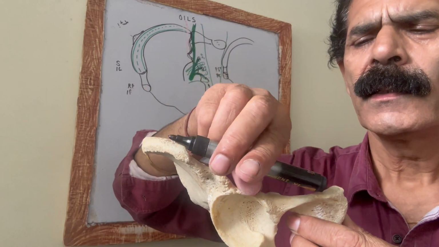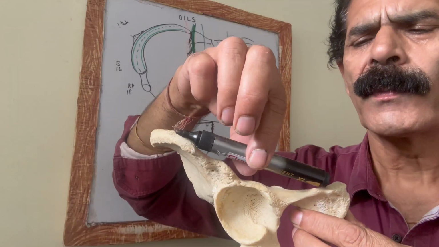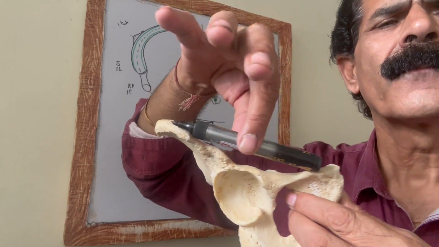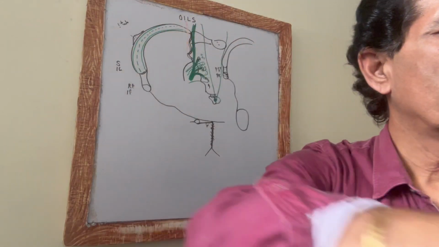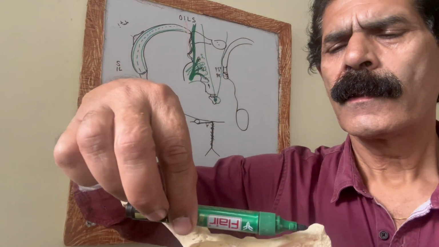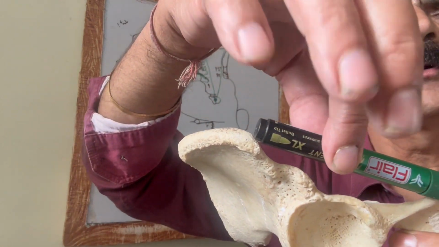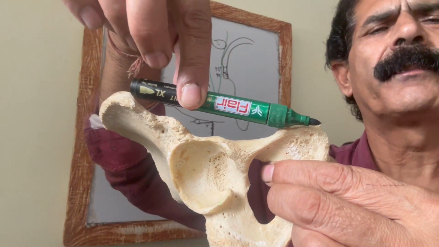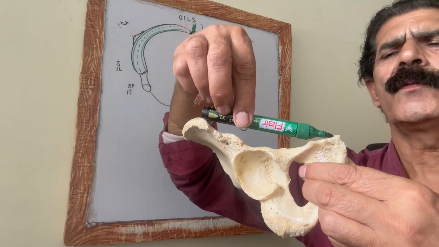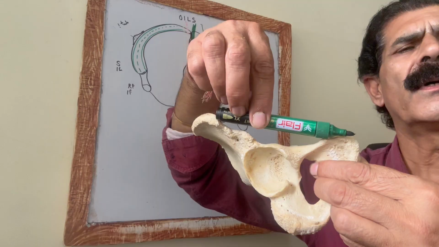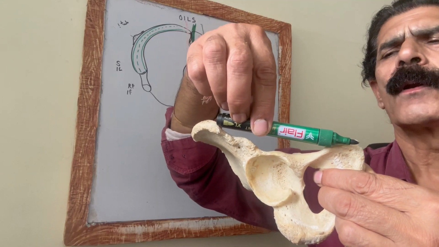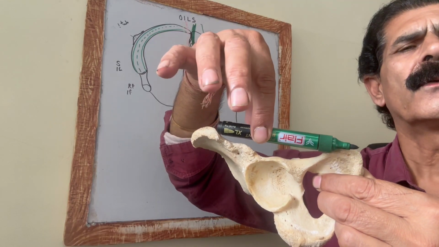In between there is no bony attachment. So this gap between the inguinal ligament superiorly and the hip bone below is the passage through which structures go in and out between the thigh and the abdomen.